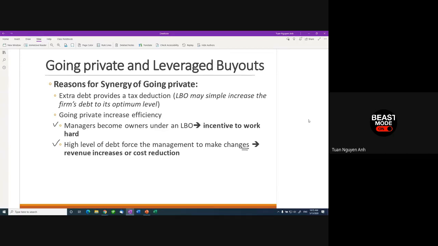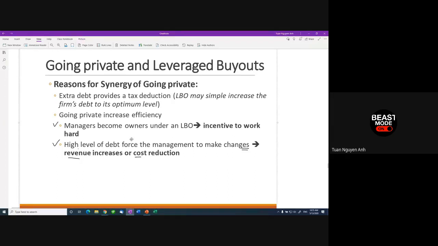Because they now have a larger proportion of debt, they have to work harder to make the company better. So they have to increase the revenue or reduce the cost, to make more profit.